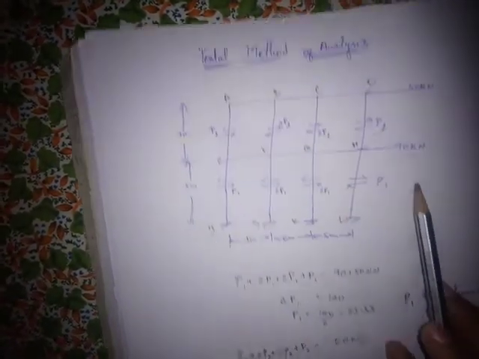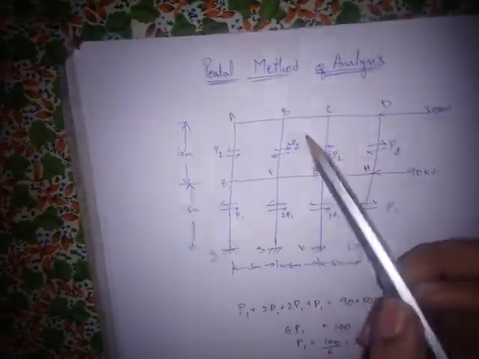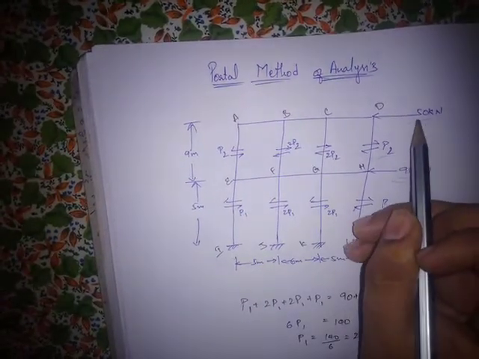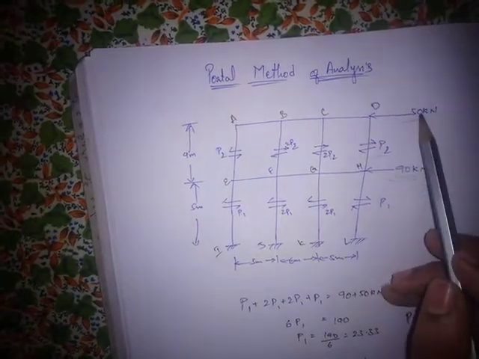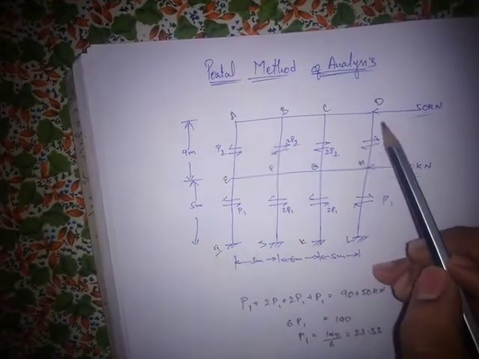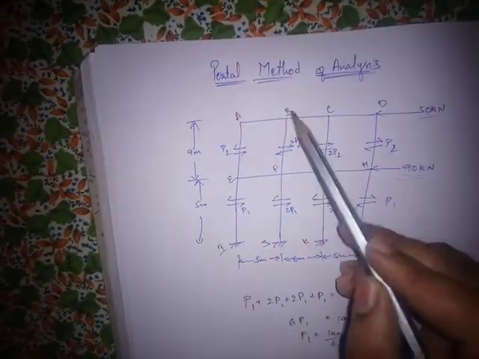First, we are supposed to convert the horizontal loads into column shears. Column shears will develop moments about the joints, with respect to each member.